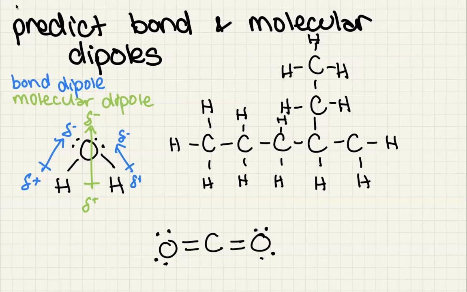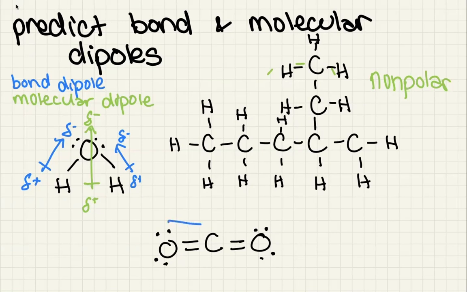Okay, now let's look at this molecule here. We mentioned how we consider carbon and hydrogen to have similar electronegativities, so we're just going to say this one's nonpolar. All we have are carbons and hydrogens, so it's nonpolar. Okay, now finally, this last one. We can draw bond dipoles because we know that oxygen is more electronegative than carbon.